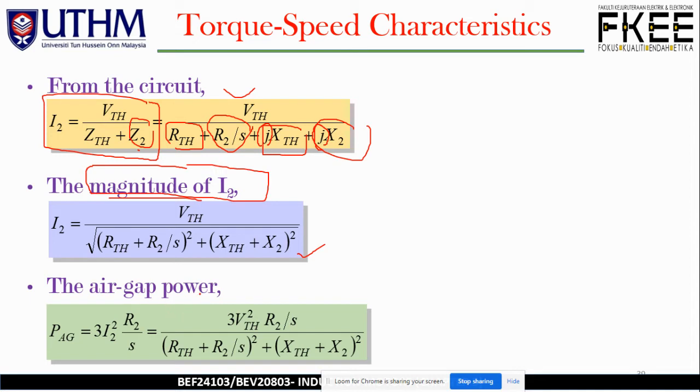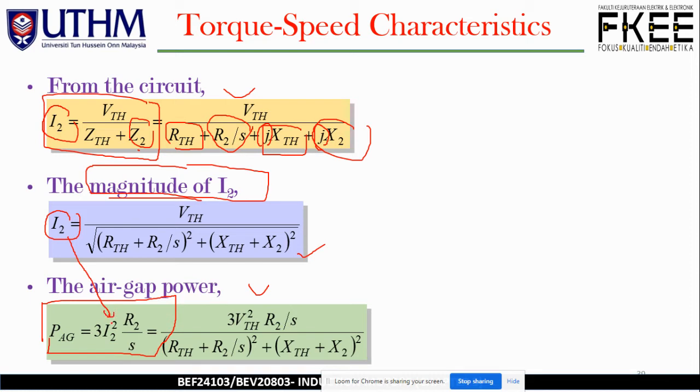So the air gap power, this is the equation, 3 I2 squared R2 over S, and in this particular Thevenin's equivalent circuit, we just substitute the magnitude of I2 into this PAG equation.